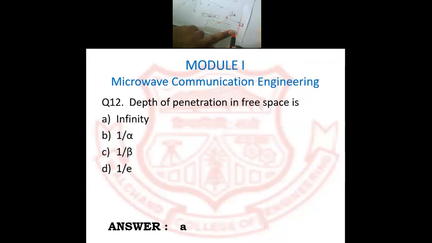But if it is free space, it will be infinite. That's why the answer is infinity, option A. If it is a conducting surface, the depth of penetration depends on how conducting the surface is.